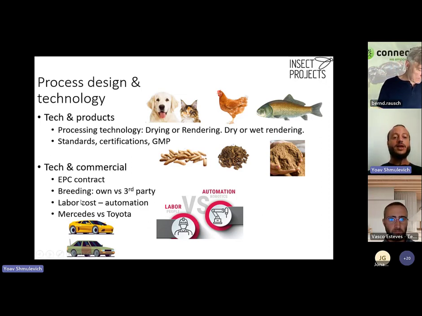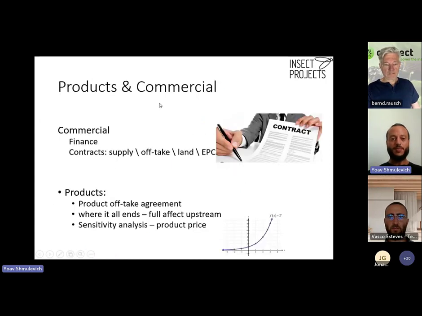And labor costs have a very strong effect on your technology. So are you going to use high labor or high automation? And technology and commercial, you can build your project as a Mercedes or as a Toyota. Both are good cars. Both will take you from point A to B, just in a very different way and feeling. So very important connection here between your technology and commercial.